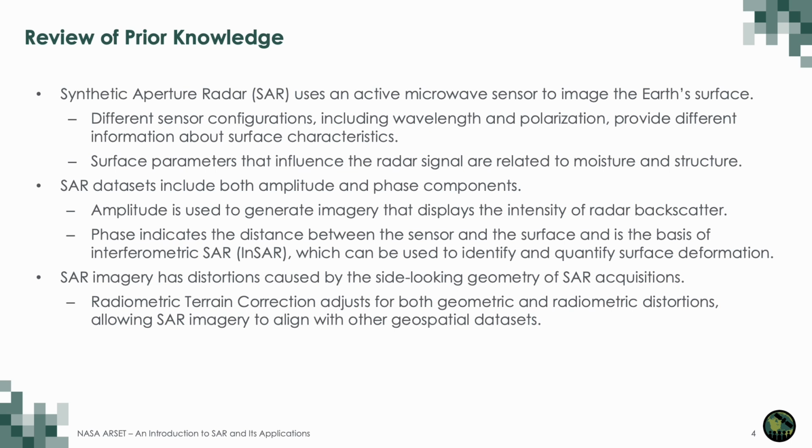The phase indicates the distance between the sensor and the surface and is the basis of interferometric SAR, which can be used to identify and quantify surface deformation. SAR imagery has distortions caused by the side-looking geometry of SAR sensors, and radiometric terrain correction adjusts for both geometric and radiometric distortions, allowing SAR imagery to align with other geospatial datasets.